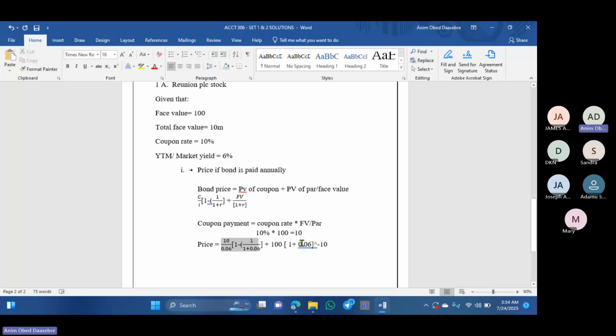Yeah, so someone should punch this, but you are going to punch it separately. You use the annuity. You punch the annuity separately and punch the single amount separately.